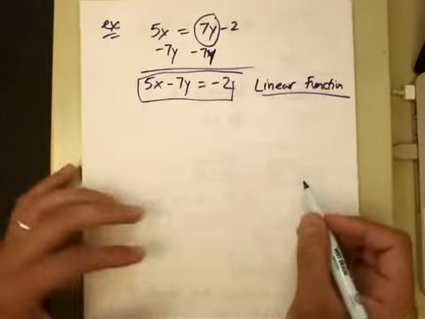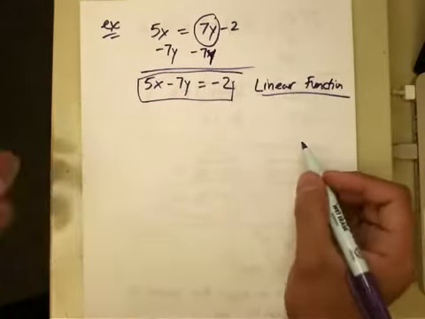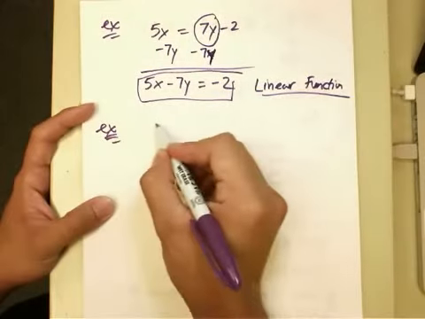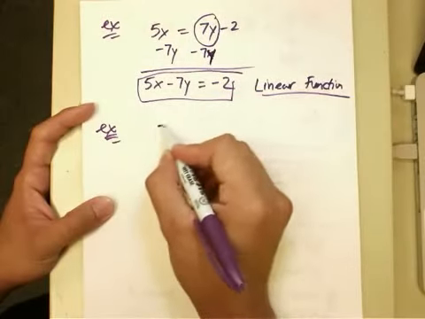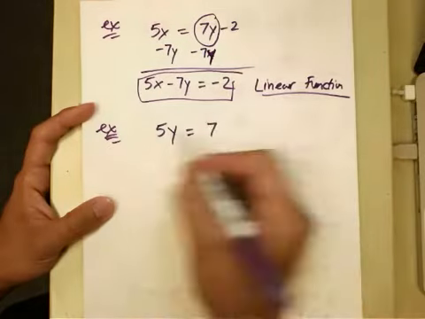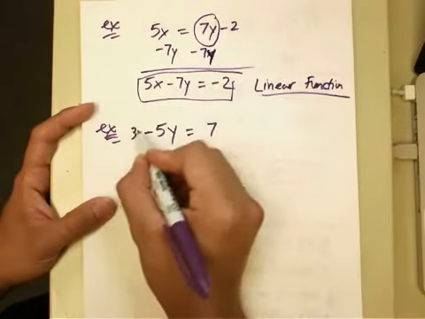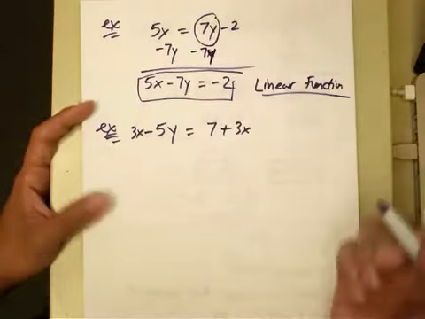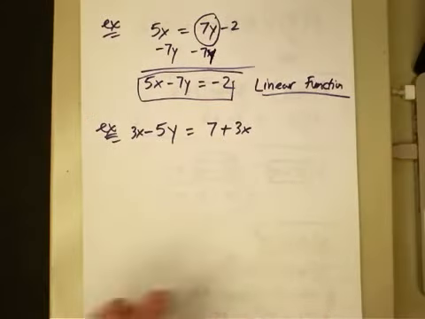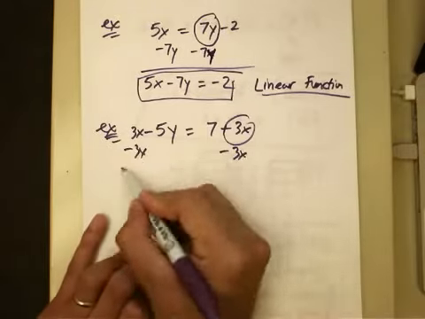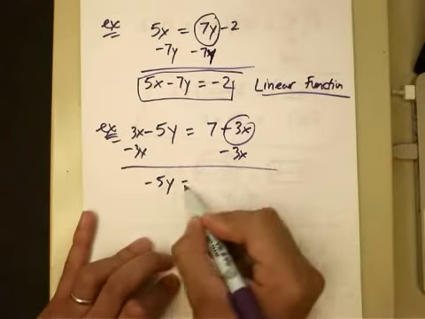Okay. Sometimes it doesn't look exactly the same. However, let me demonstrate that case right here. Pretend I have this. So we want to move all the x's to one side, so I'm going to move it over. You get negative 5y equals 7.